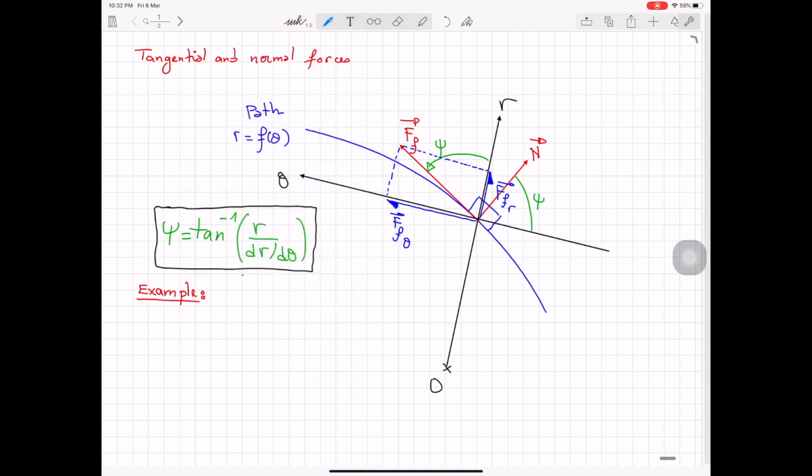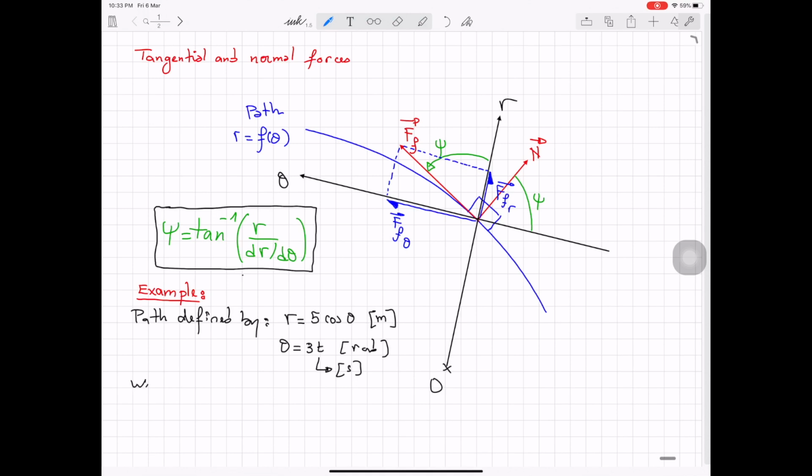So let's assume a path defined by r equal to 5 cosine theta, where r is in meters, and theta is given as, let's say, 3t, in radians, with t in seconds.